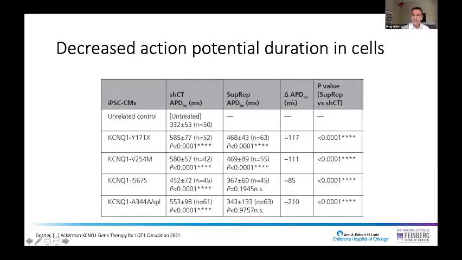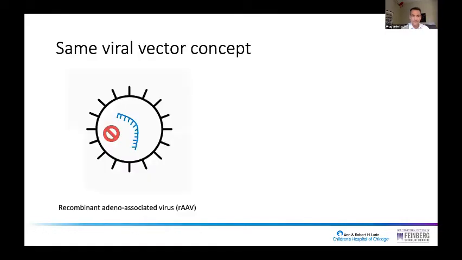And what happens is that by doing this suppression replacement therapy, you decrease the action potential duration, or you decrease this analog for the QTc. In other words, you are shortening the abnormal period that happens in these cells due to the abnormal mechanism of the gene.